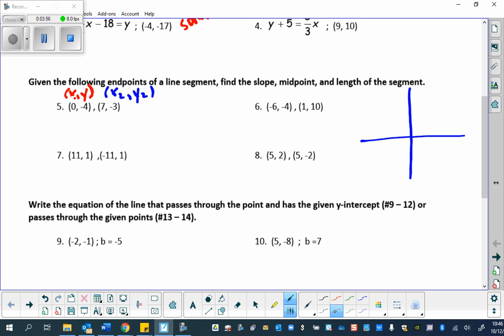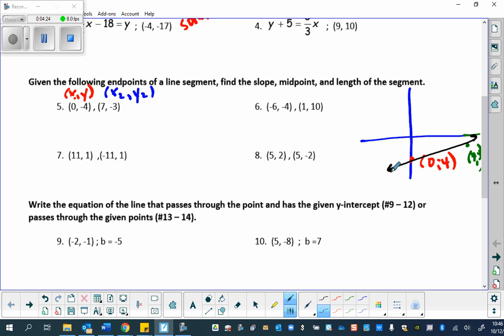So when I look at over 0 down 4, I know that that ordered pair is on my y-axis. If I talk about over 7 down 3, I can go ahead and say that there is exactly one line that goes through those 2 points.